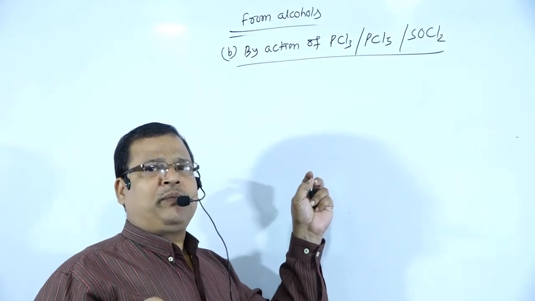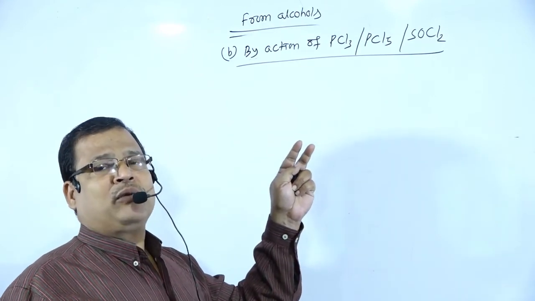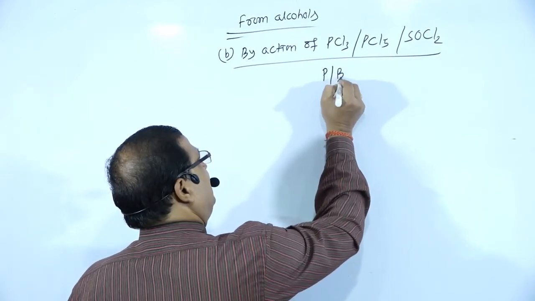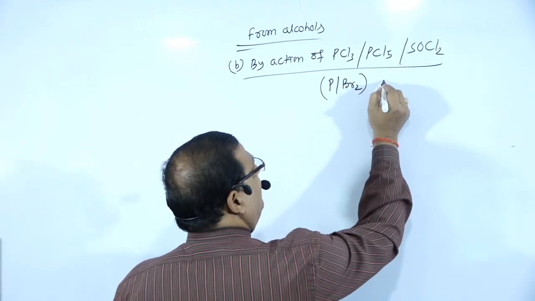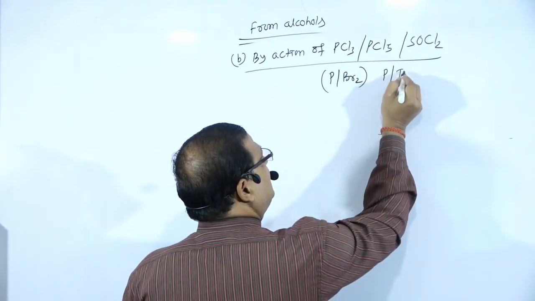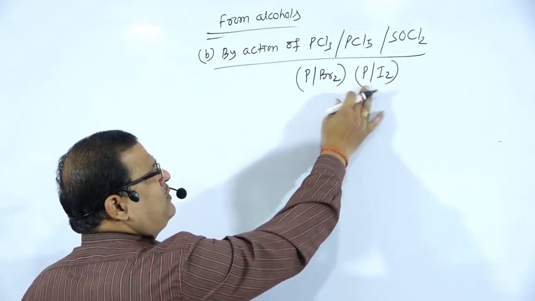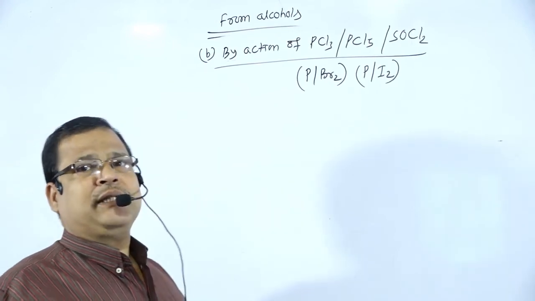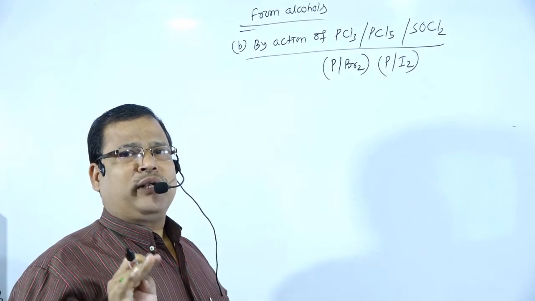If we want to prepare bromides or iodides, we have to take phosphorus in the presence of Br2, which produces PBr3, or phosphorus in the presence of I2. For the preparation of bromide and iodide compounds we take this, but for the preparation of chlorides, we take PCl3, PCl5 or SOCl2, thionyl chloride, with the alcohols.